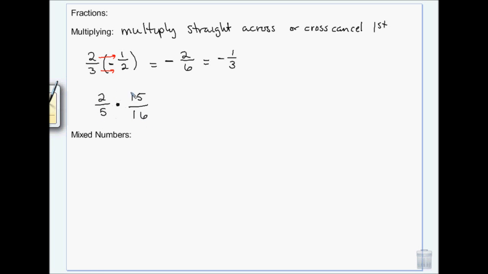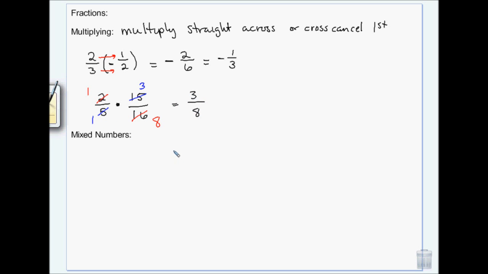Yeah, they'll both divide by 2. So if I divide each of these by 2, I get 1 and 8. And 5 and 15, they both divide by 5, so I get 1 and 3. Then I multiply across, I get 1 times 3 is 3, 1 times 8 is 8.